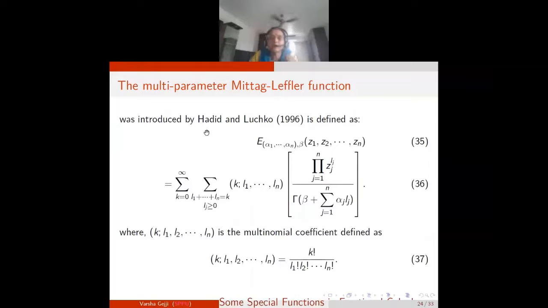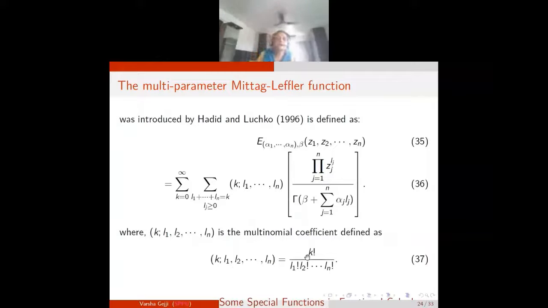So this is another generalization introduced by Hadid and Luchko, multi-parameter Mittag-Leffler function. So arguments are also z1, z2, zn, and these parameters are also alpha 1, alpha 2, alpha n, comma beta. And this is the definition given in 36, where now binomial coefficients are replaced by multinomial coefficients given in 37.